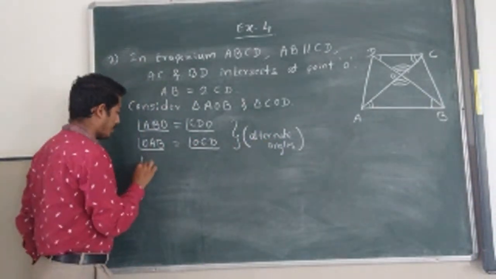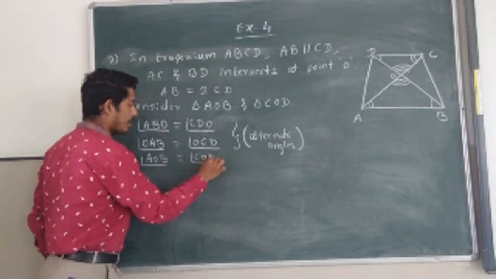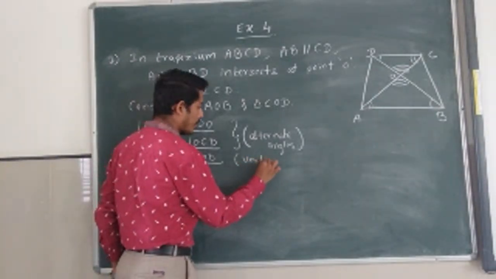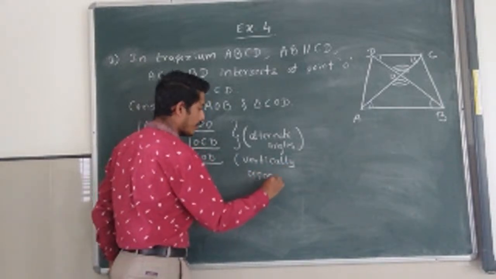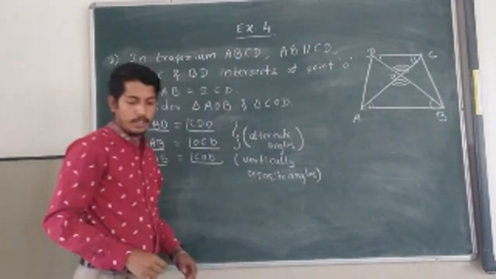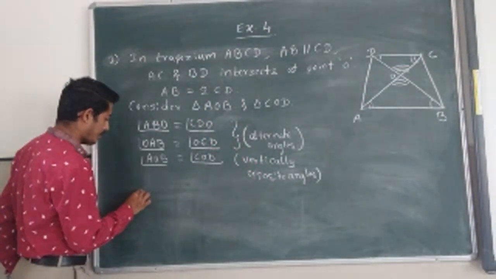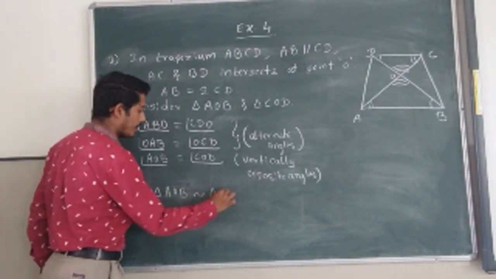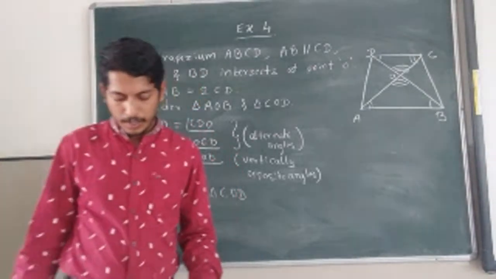So angle AOB is equal to angle COD, reason: vertically opposite angles. Therefore, we can conclude that triangle AOB is similar to triangle COD.